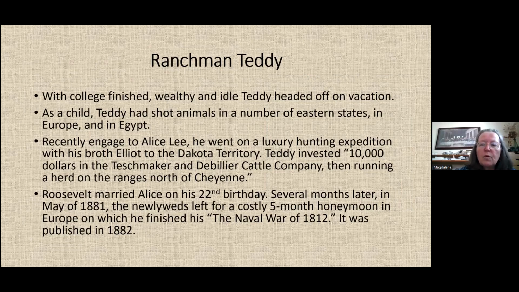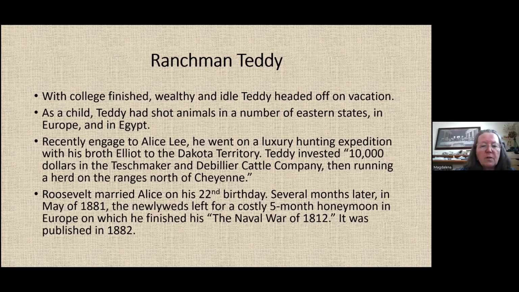So he went on a luxury hunting expedition with his brother Elliot to the Dakota Territory. And Teddy invested $10,000 there in the Teschmaker and Debillier Cattle Company. They were running herds on the ranges north of Cheyenne, so in the Dakota Territories. So that's Ranchman Teddy now, okay?